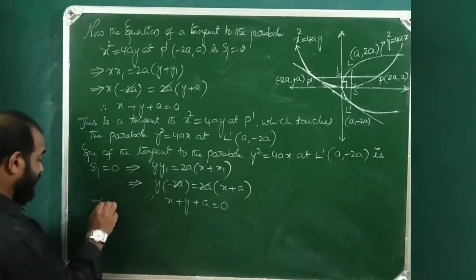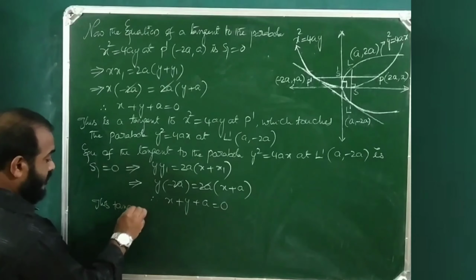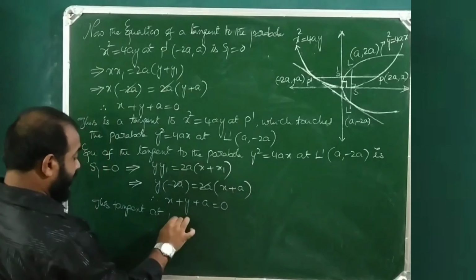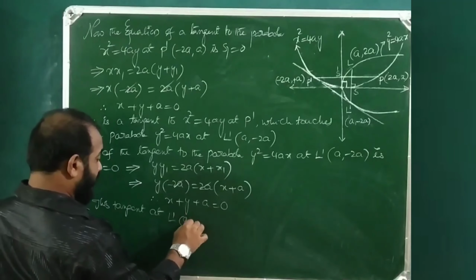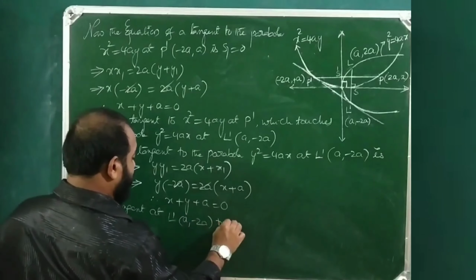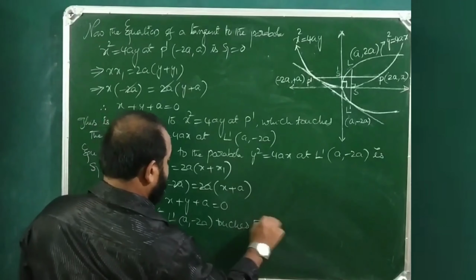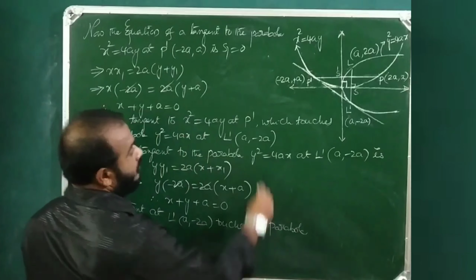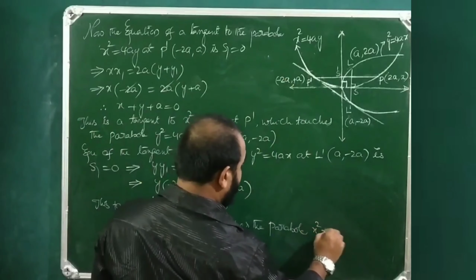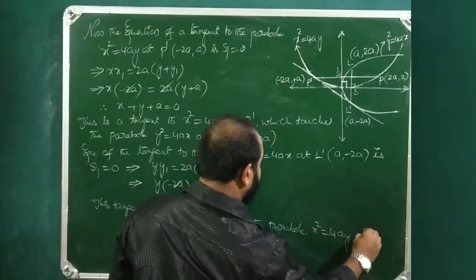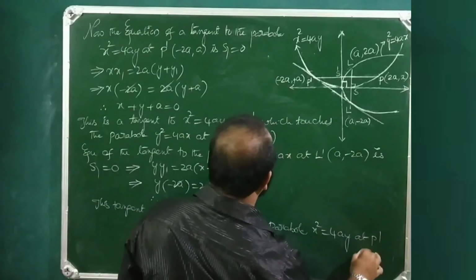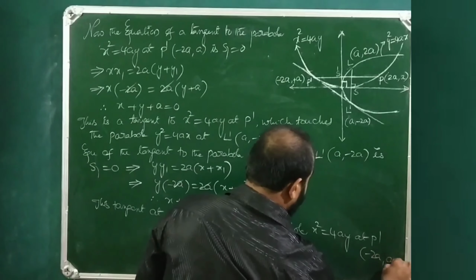This tangent at L dash a comma minus 2a touches the parabola x square equals to 4ay at p dash, which is minus 2a comma a.